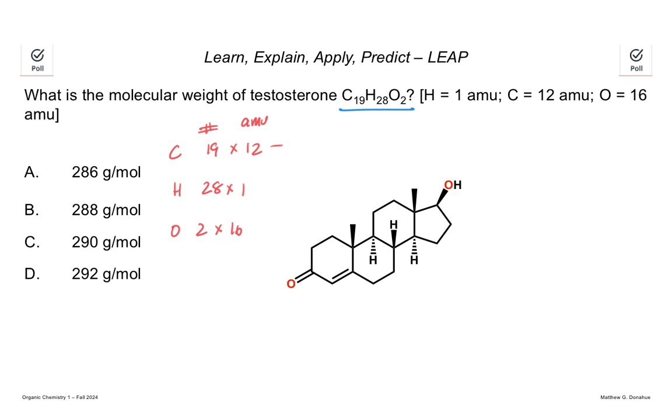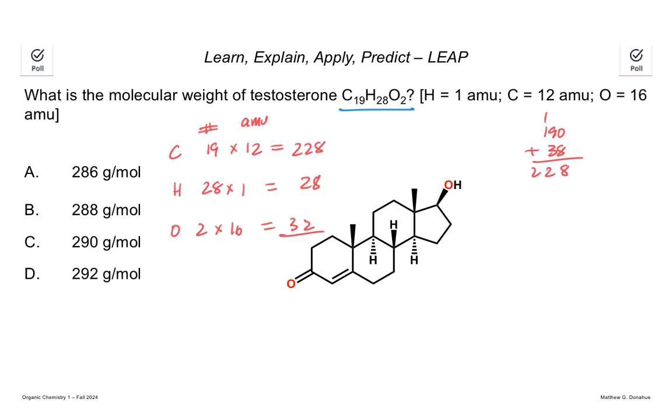So we multiply. 19 times 10 is 190. 2 times 19 is 38. So we get 228 for the carbon contribution, 28 for hydrogen, and 32 for oxygen.